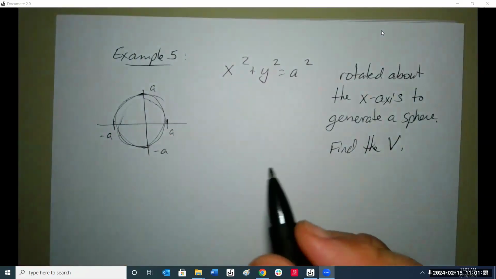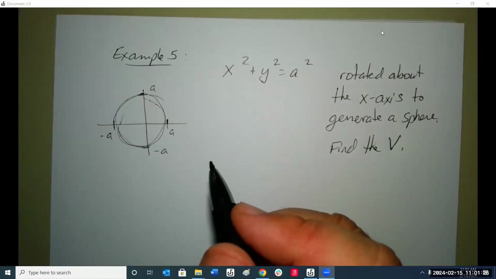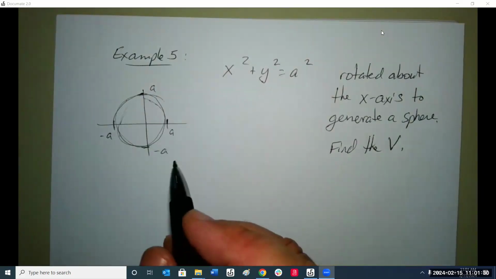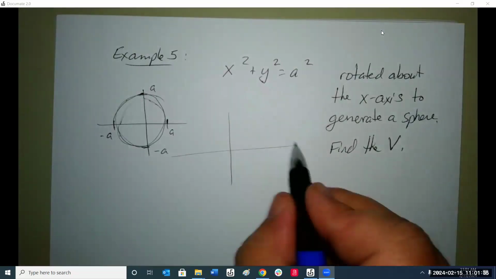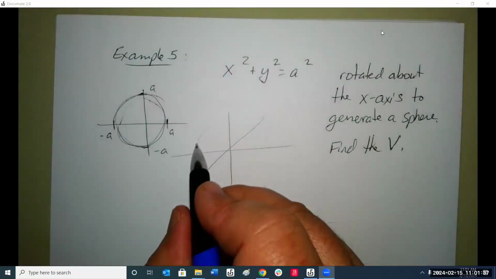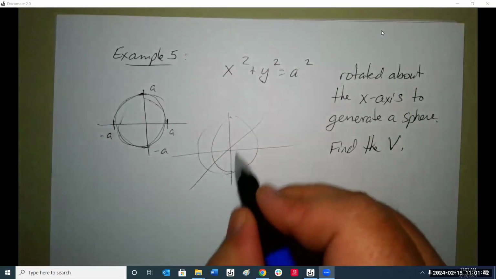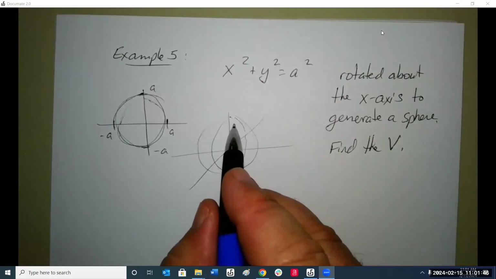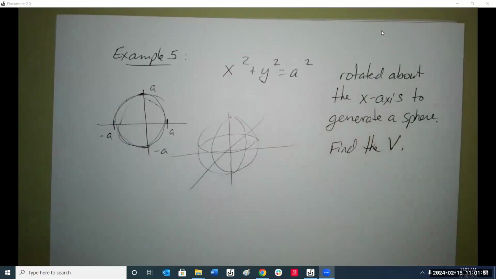It's radius a. But it's a sphere. That means if we look at it from the side, from three dimensions, it's a sphere.